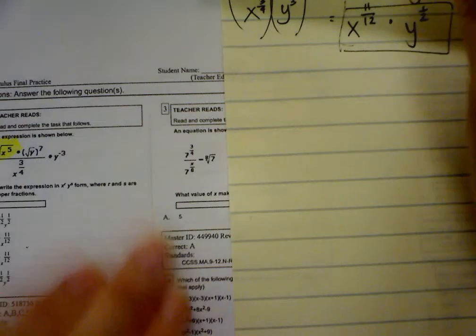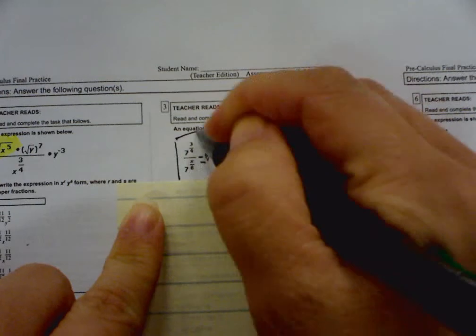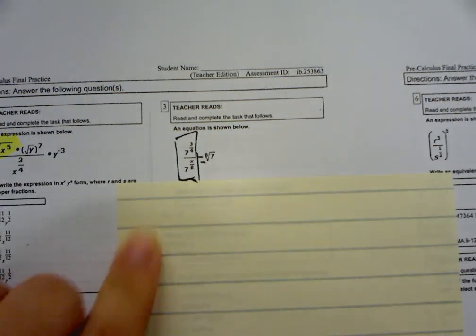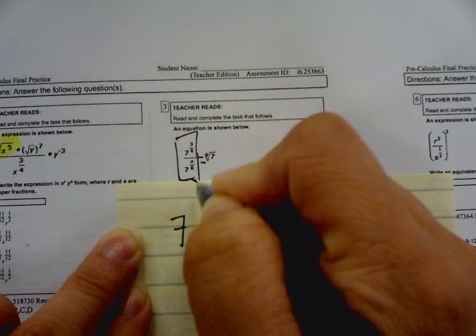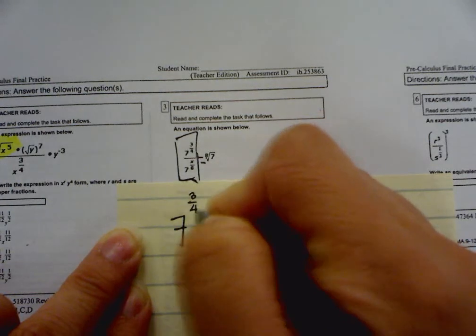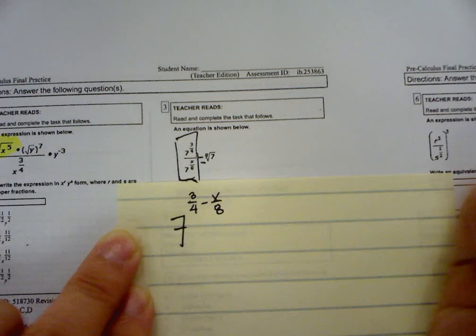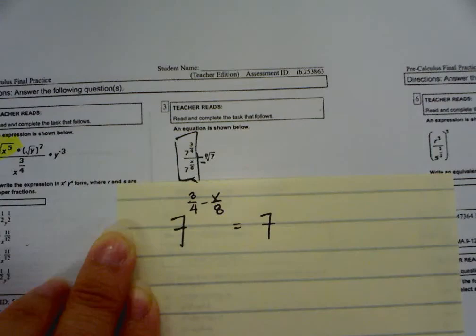What I'm going to do is simplify the left and simplify the right. So the left side, how can I simplify this? They have the same base, so I could just subtract the exponents, right? And then the right side, the 8th root is 7 to the what? 1 over 8.